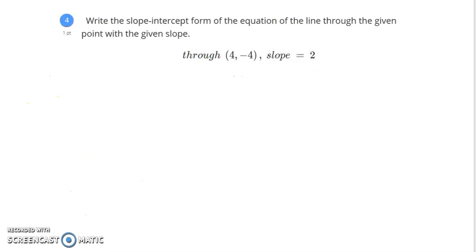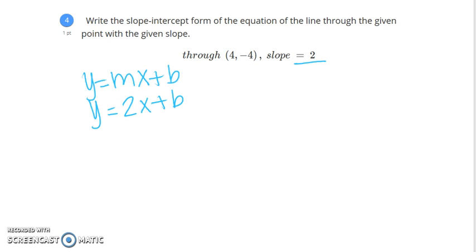Same concept here. We have the slope. So in our format of y equals mx plus b, I can go ahead and fill in my slope, but I don't know this b value. So again, I'm going to take my y value of -4 and plug it in for y. I am then going to take my 4 value for x and plug it in for x, and then solve.